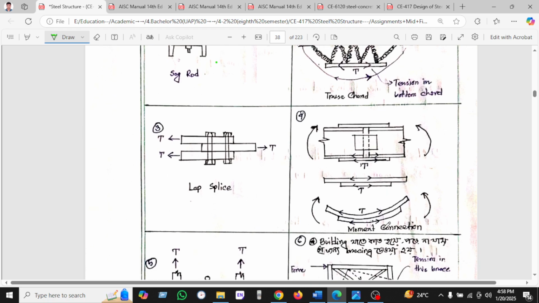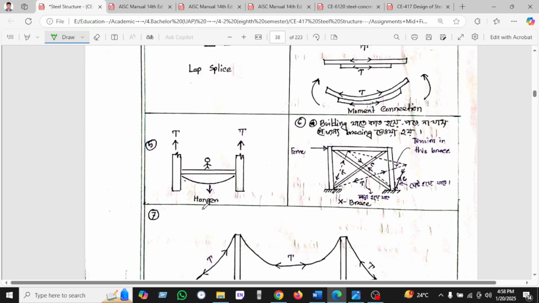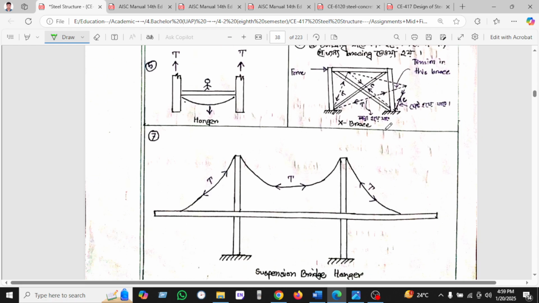We can see the moment connection is a tension member. And the hanger, we can see what is imposed on the structure, and the tension is taken here. In the X brace we have seen tension and compression together. When force is applied from the right side, the brace member takes tension and compression also.